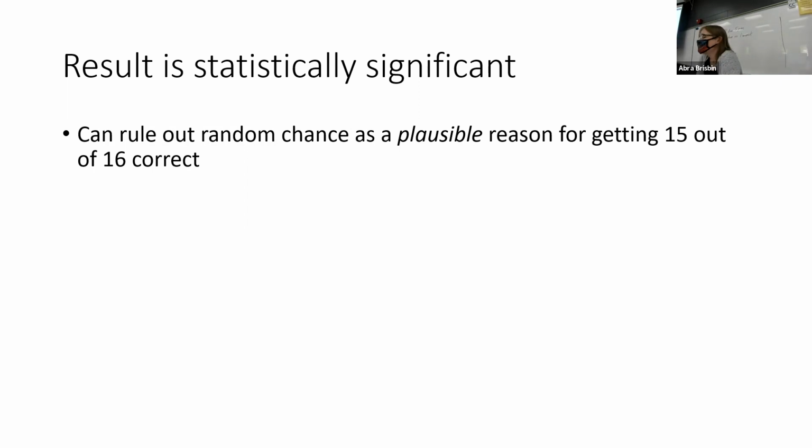And so that means that we can rule out random chance. That is the idea that Buzz was just guessing and we just happened to get a lucky set of 16 here. We can rule that out as a possible reason for why he would have gotten 15 out of 16 correct. Because the chances of getting at least 15 correct are so small if the chance model were true.